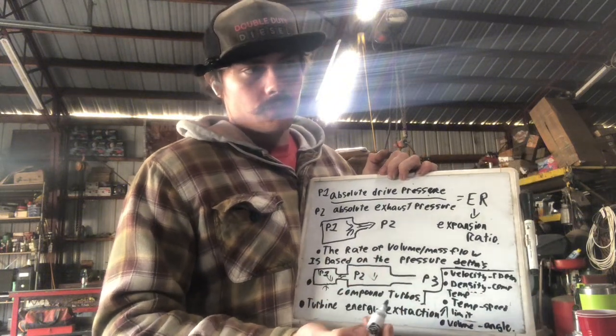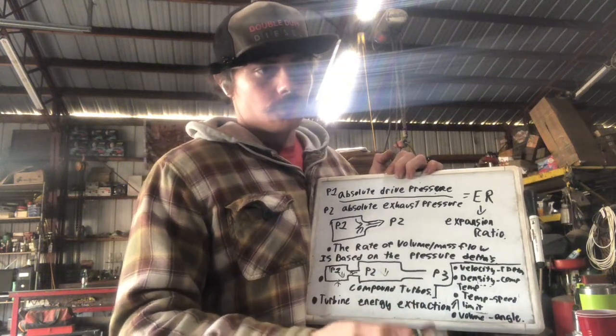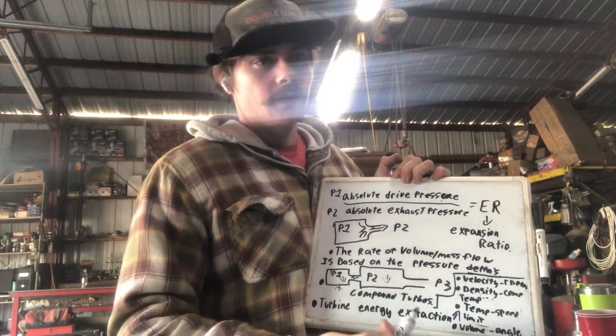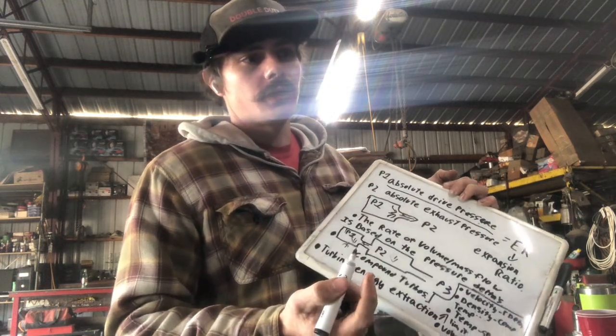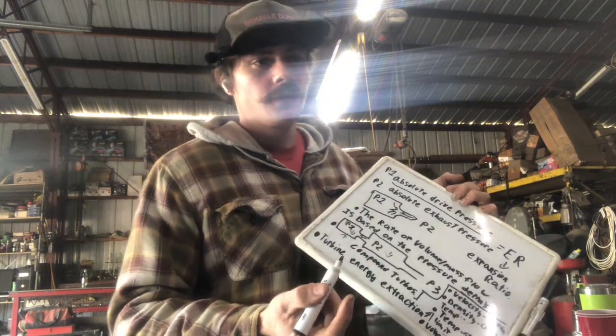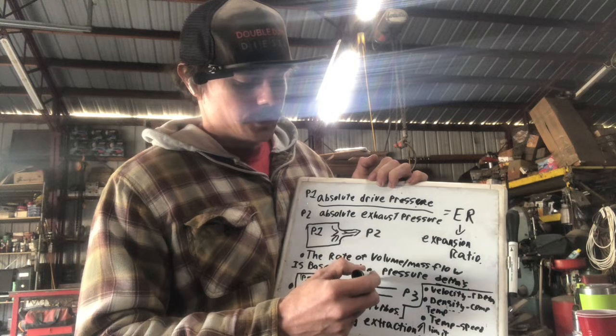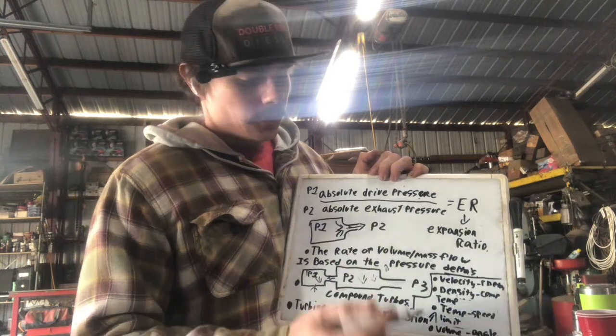The mass of the working fluid moved through the turbine wheel per unit time is part of the turbine work equation. That's how you can get to larger and larger turbine housings and larger turbine wheels. And the drive pressure will go down and the boost pressure can go up.